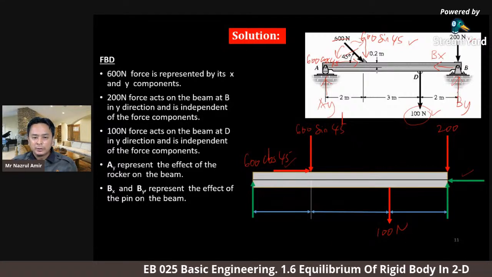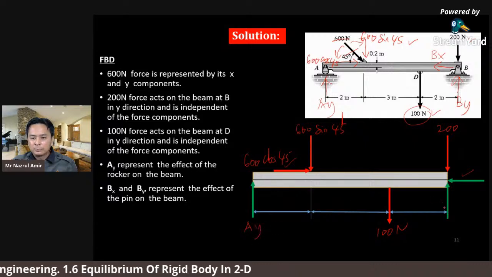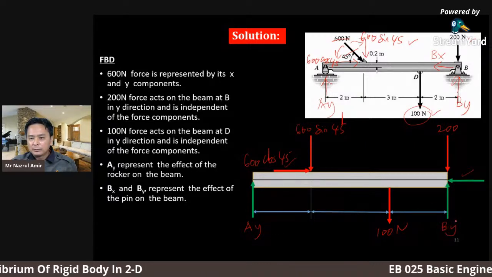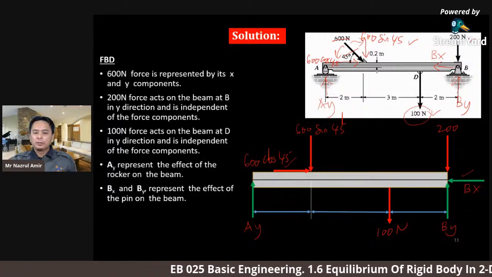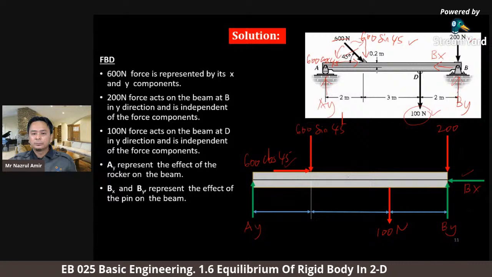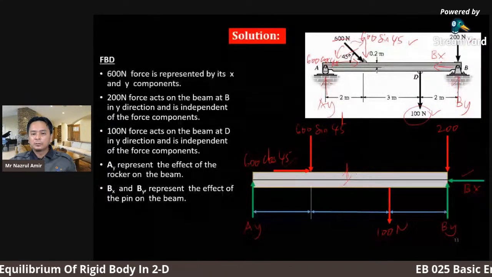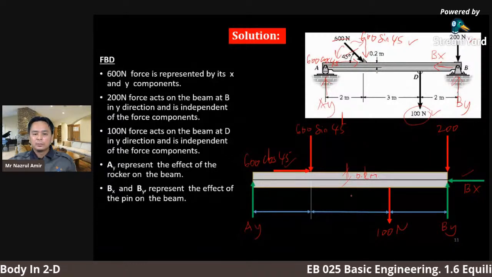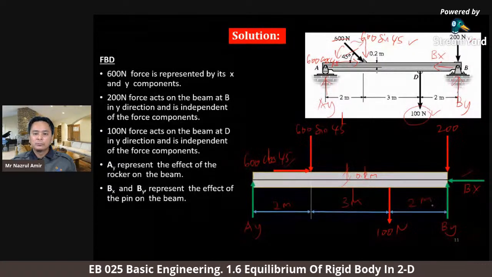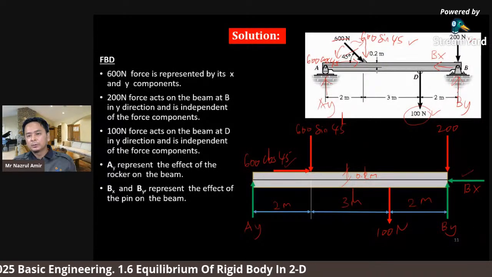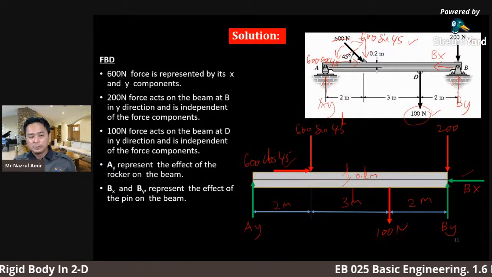Then the green forces are the reaction forces: the first reaction AY, BY, and BX. And then, not forgetting the dimension of the body. The thickness here is 0.2 meter. The length here is 2 meter, the length here is 3 meter, and the length here is 2 meter. So we need to draw a proper complete FBD to make sure that we can get maximum marks for this step.